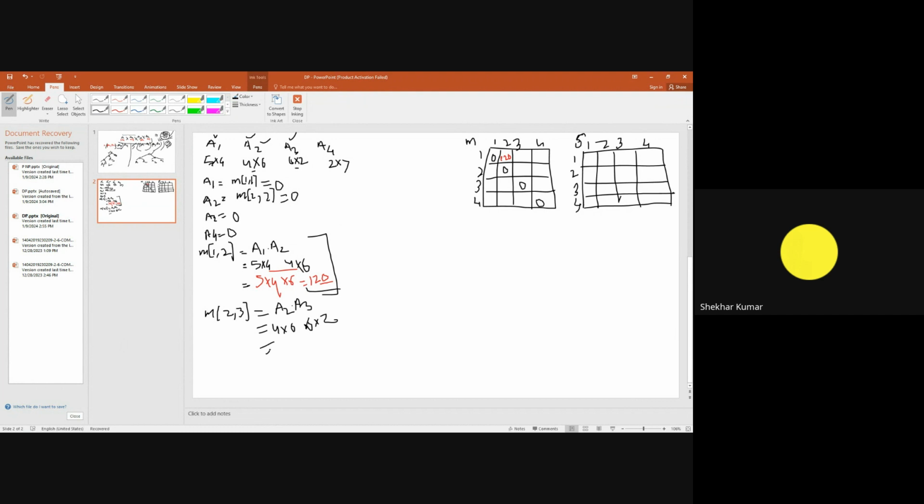So the total number of multiplications, the cost, should be 4 into 6 into 2. That should be 48. So I will write this 48 value in the M2,3 location.